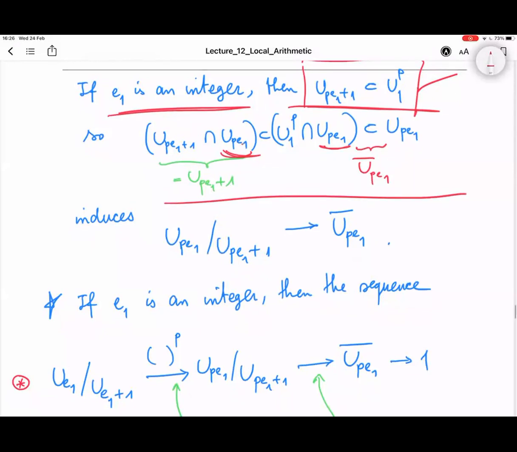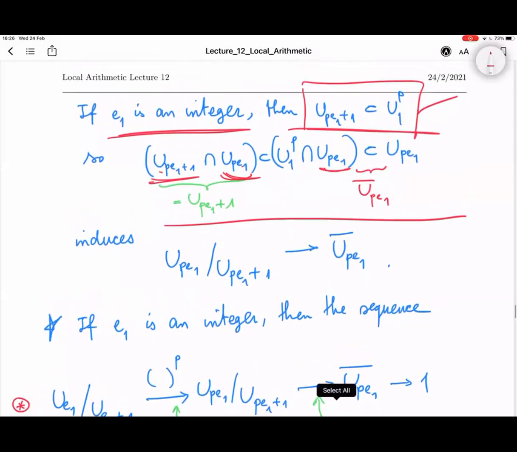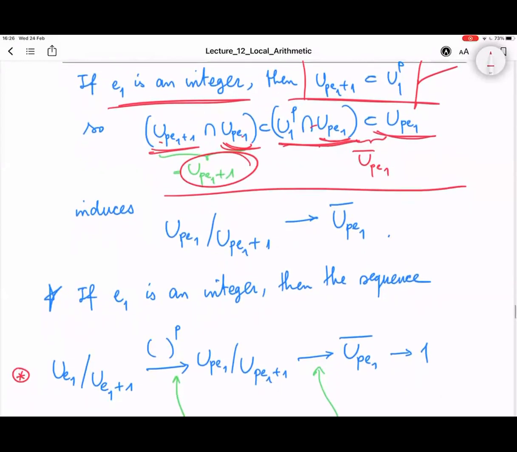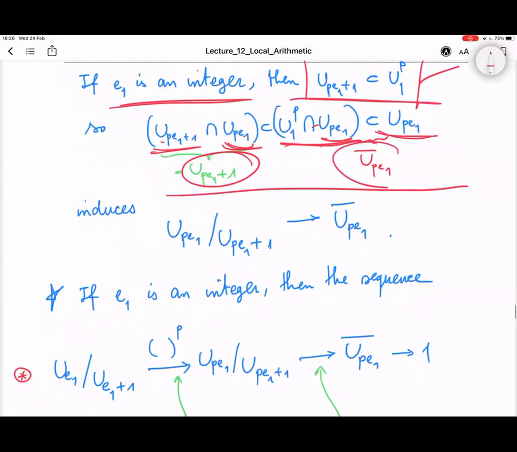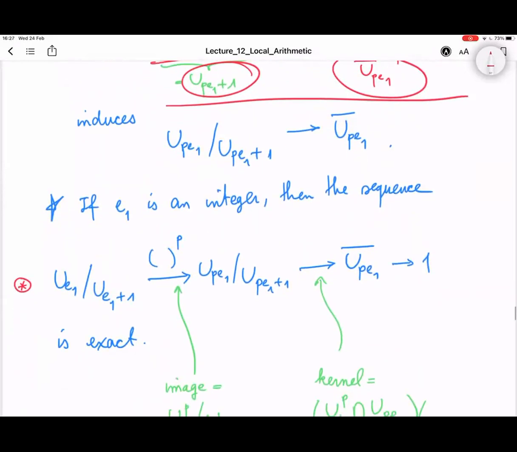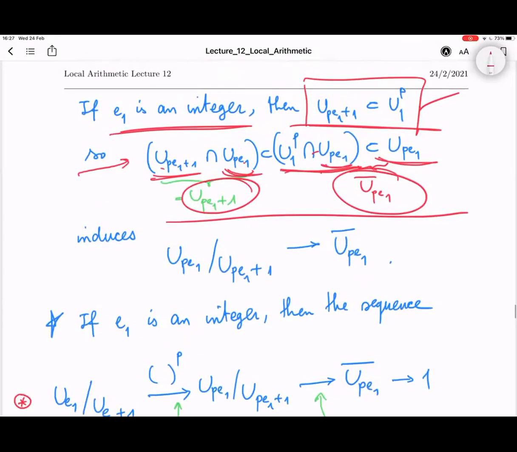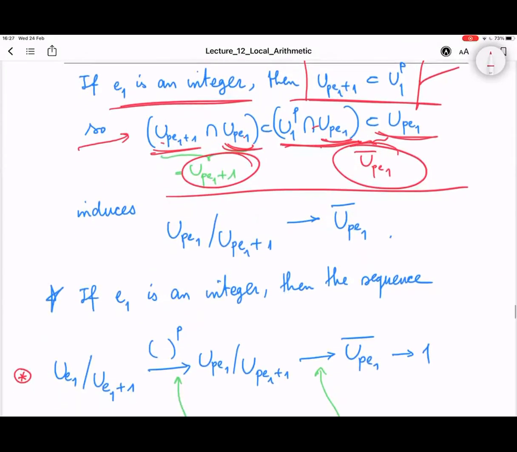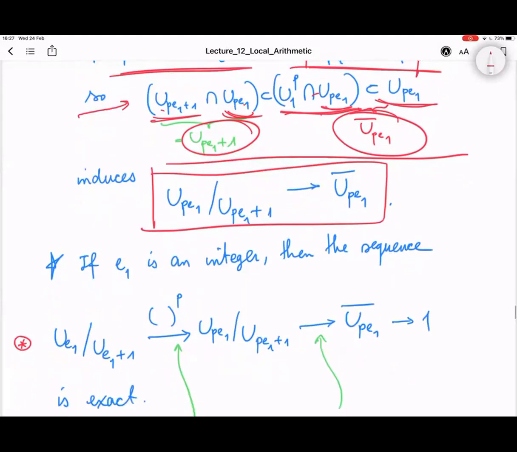U_{pe_1+1} intersected with U_{pe_1}, which is of course U_{pe_1+1}, is contained in U_1 to the power p intersected with U_{pe_1}, which is contained in U_{pe_1}. Okay, so the quotient here is U_{pe_1} bar, and so in other words, this inclusion of these three groups gives me a map like this.